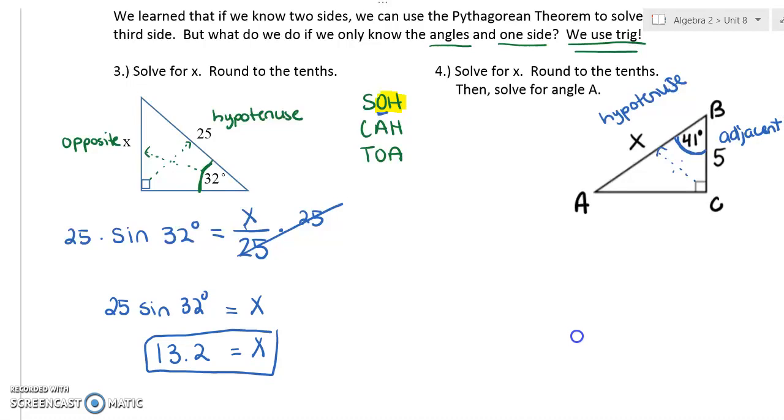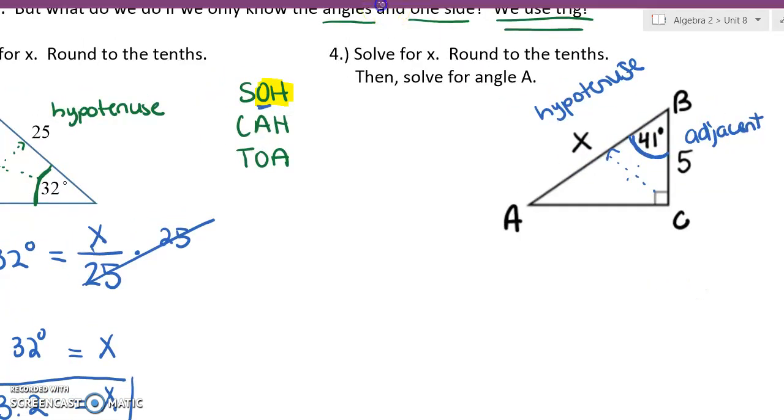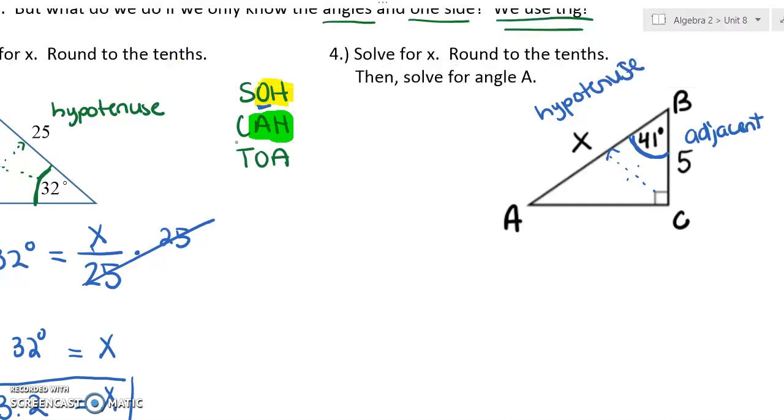So it looks like I'm using adjacent and hypotenuse. If I look at SOHCAHTOA, I see adjacent here and hypotenuse here. So I have to use a cosine. Cosine of the angle, 41 degrees, equals adjacent 5 over x.